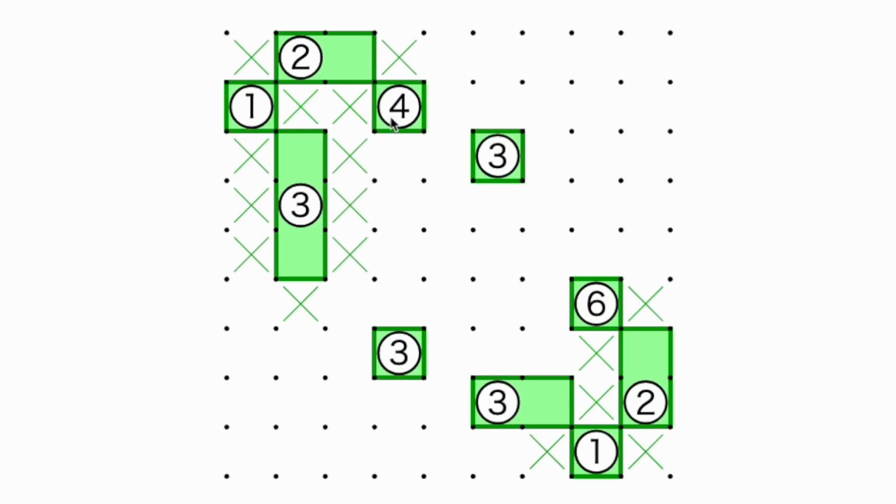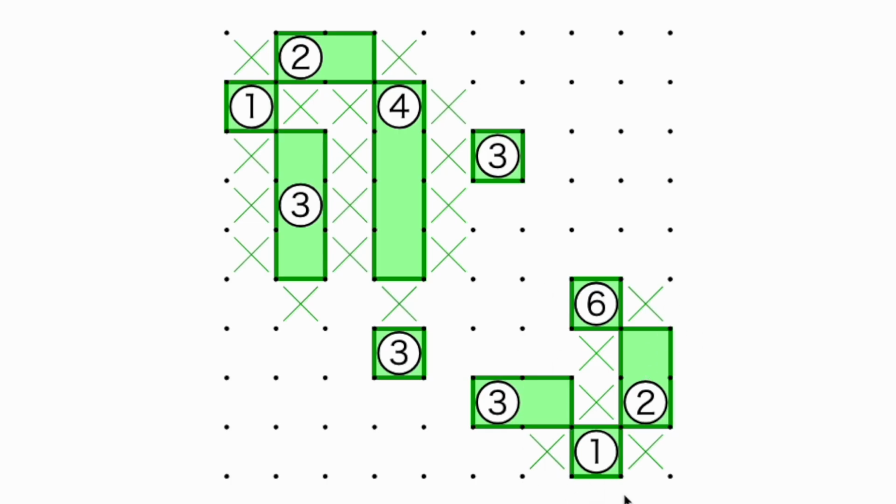The 4 clue could be a 1 by 4 or a 2 by 2. If it were a 2 by 2 though, it would touch this rectangle, and that's not allowed. So it is a 1 by 4. There's not enough room for it to go horizontally, so it's going to go vertically. And then let's look down here.